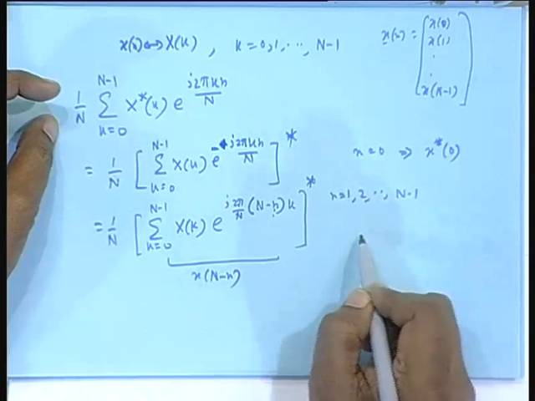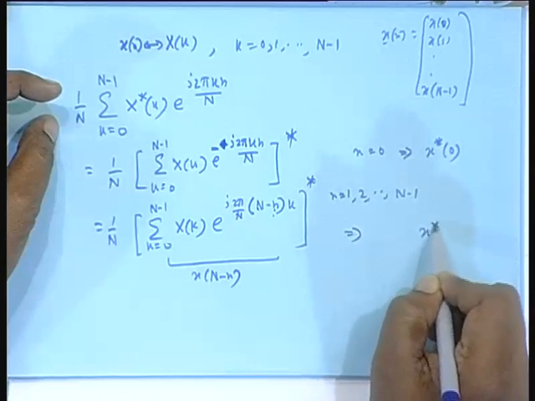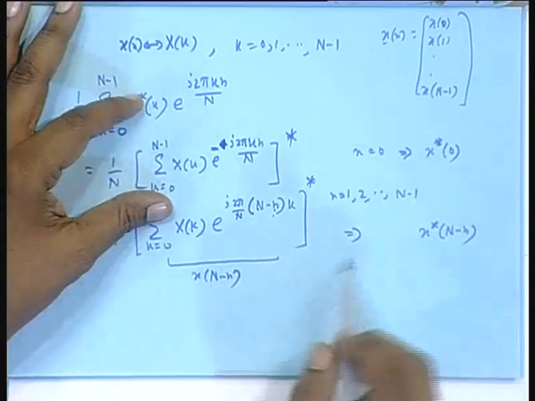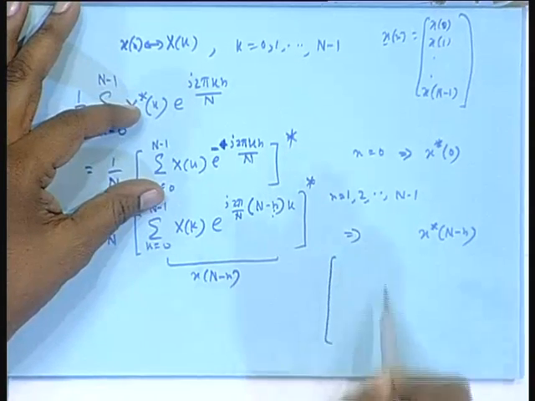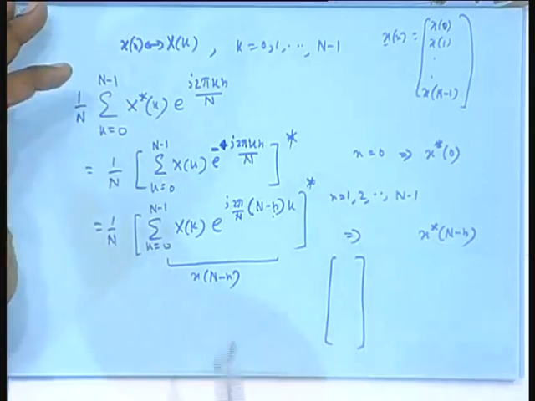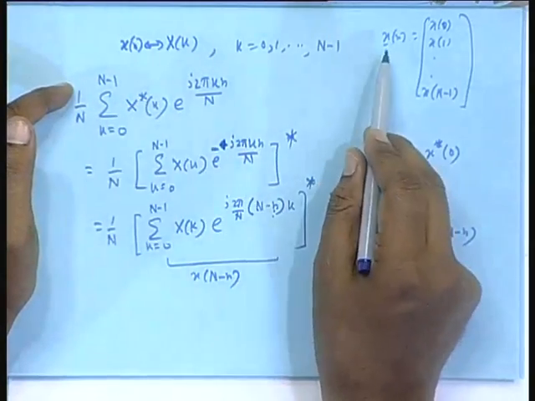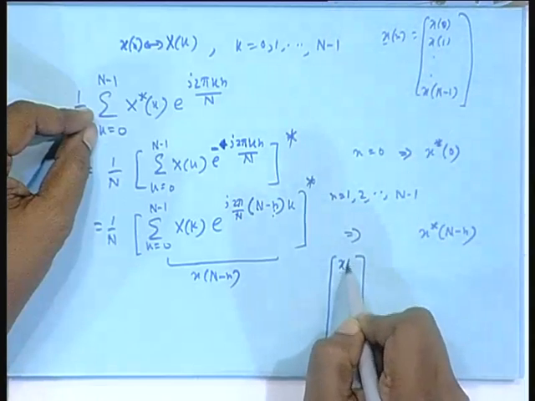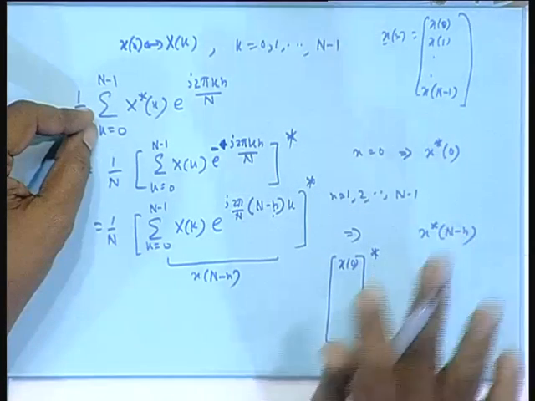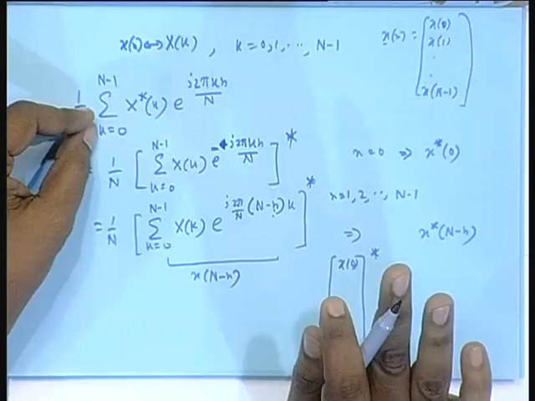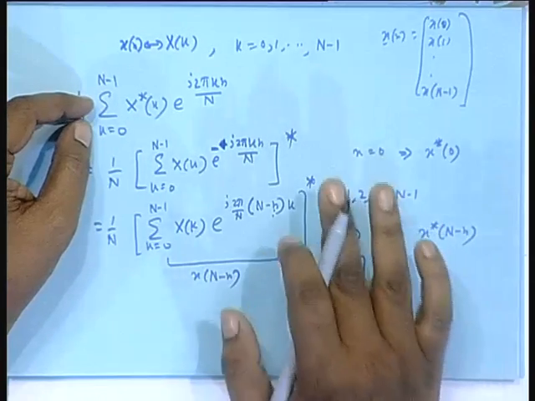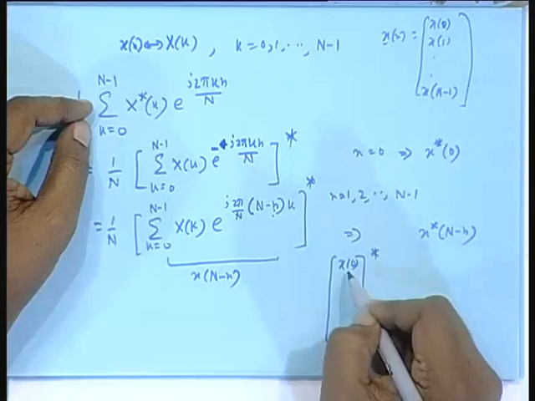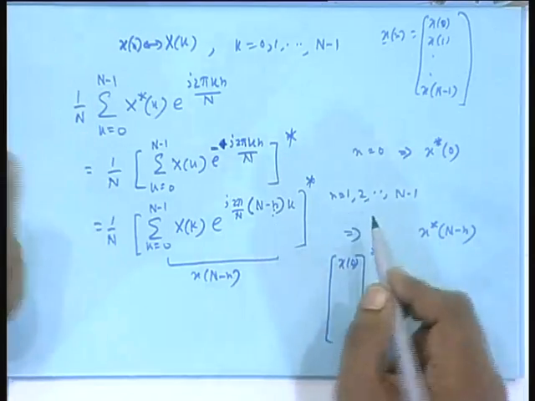So, this gives rise to x of. So, what is the sequence? Sequence is very simple. The inverse DFT, if I put it in vector form, the original vector was this, now the starting guy will be x 0, there will be a star I am putting outside. For the time being, I will be dealing with real valued things. Okay, so, x 0, the data star for our case will be x 0 only to start with.